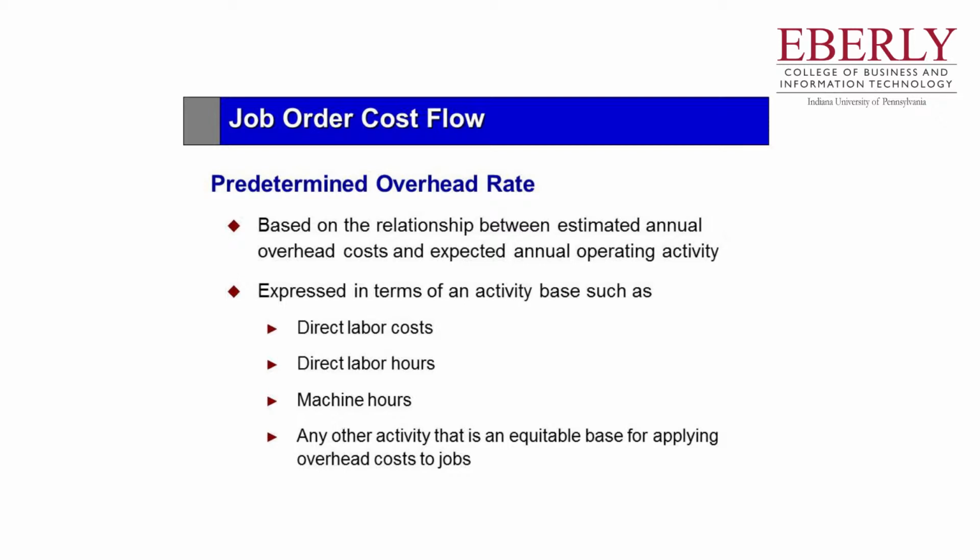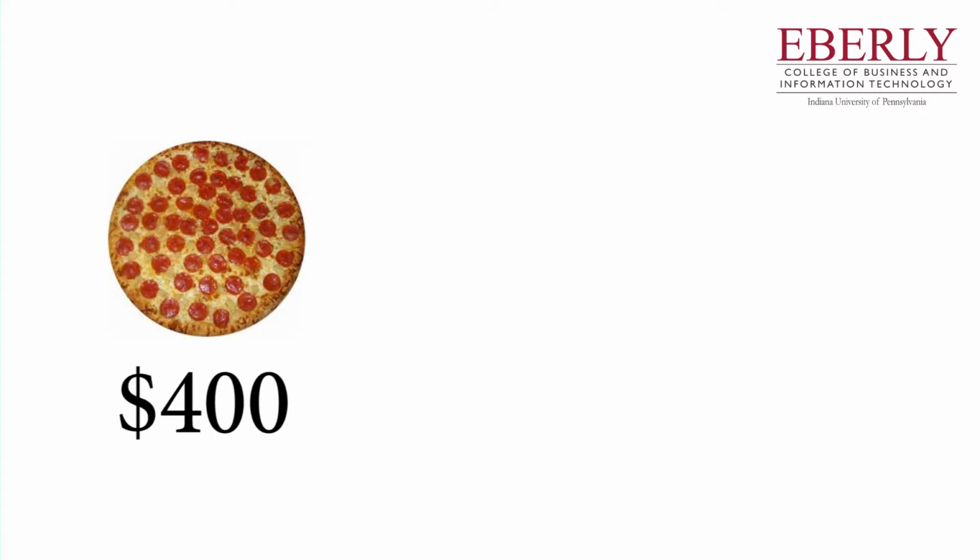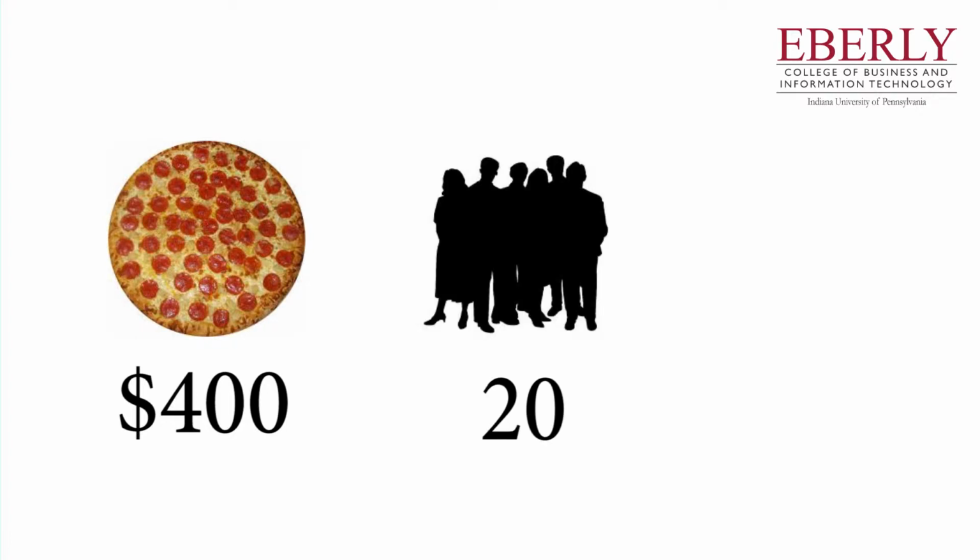All predetermined overhead rates will have a basis, what we call an activity basis. Here, I'll give you an example. Say you're having a big party. You've ordered food worth $400 for that party, and you've got 20 friends.